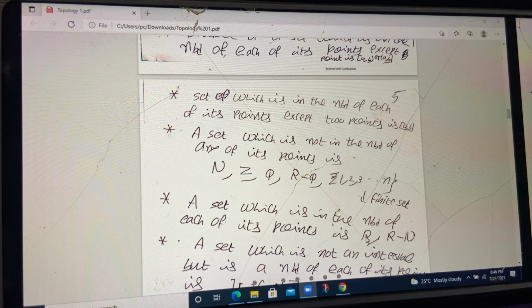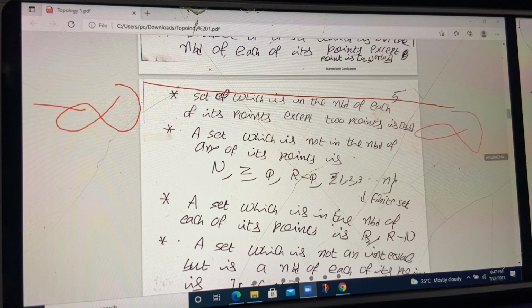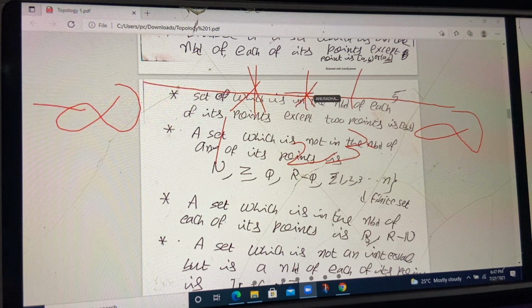Natural numbers are 1, 2, 3 and so on, and there is no end point. So R minus N is minus infinity to infinity, removing 1, removing 2, removing 3 and so on. How will you write this?